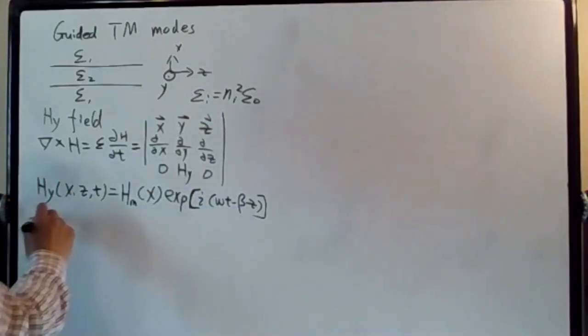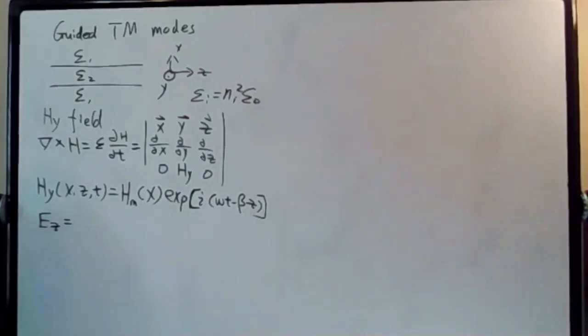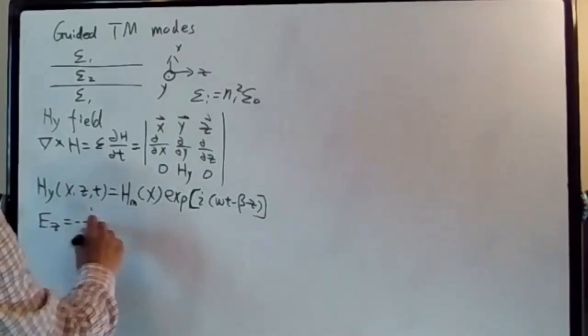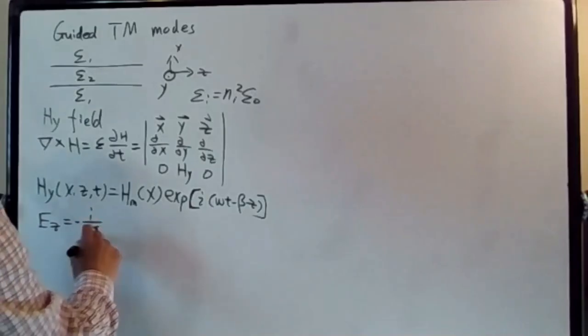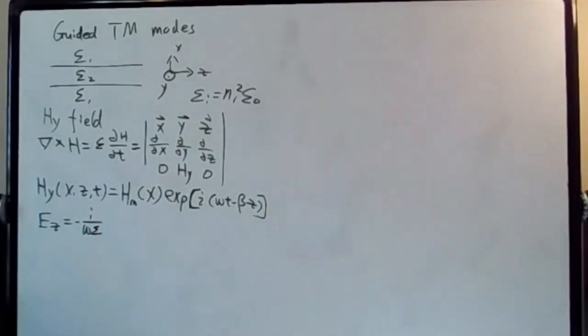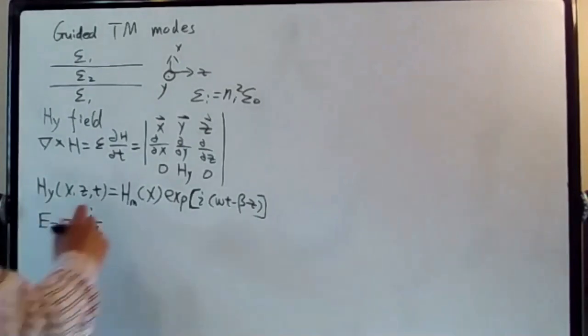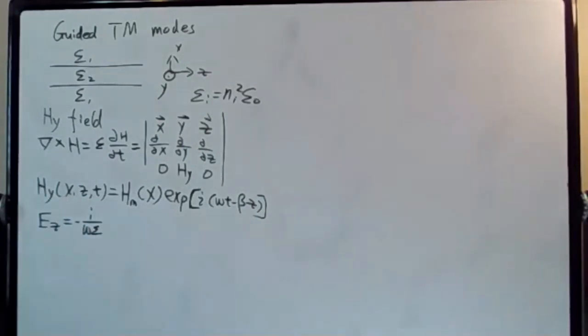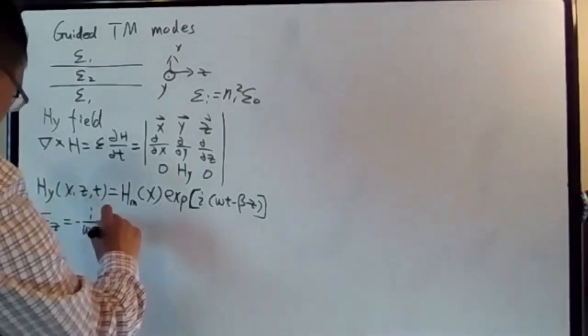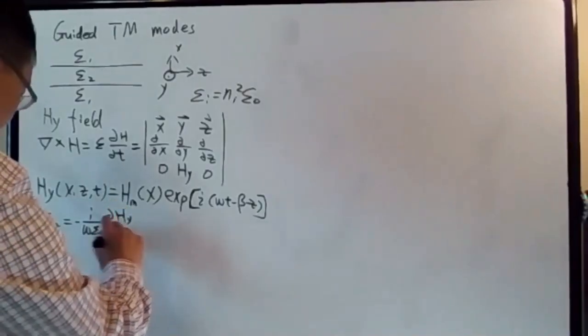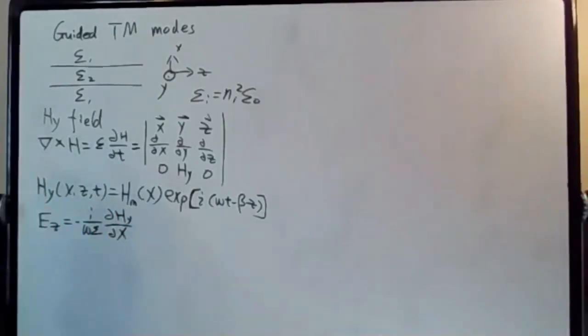So the EZ direction is negative i over omega epsilon, partial HY, partial X, right?